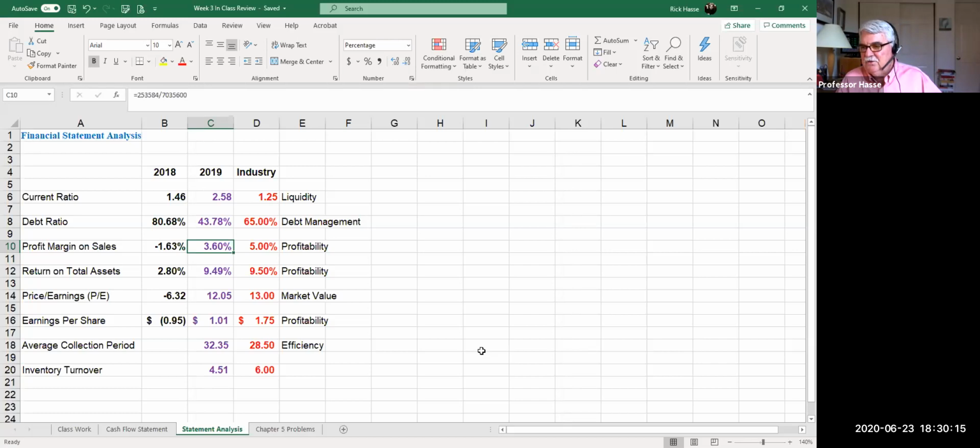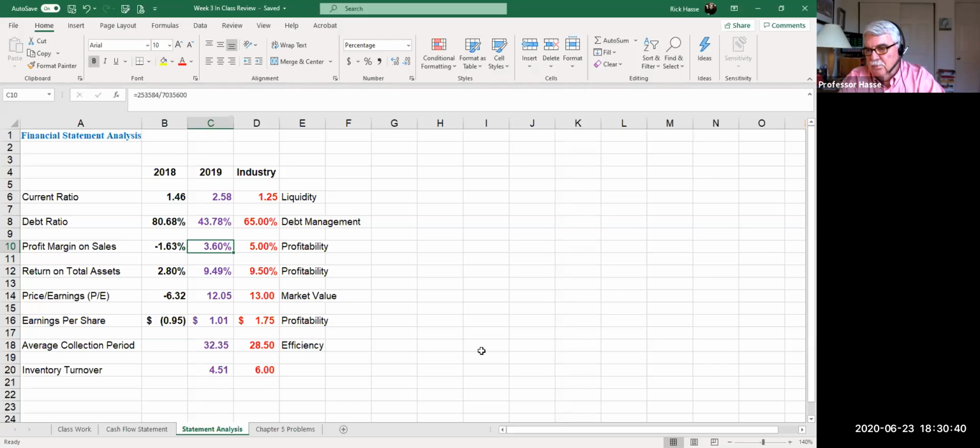How do they generate good returns? They keep selling over and over again. That's where you make your large profits. You keep selling with those thin margins, but keep doing it over and over again. So this company's profit margin is fairly low, especially in consideration of their industry, which is 5%.